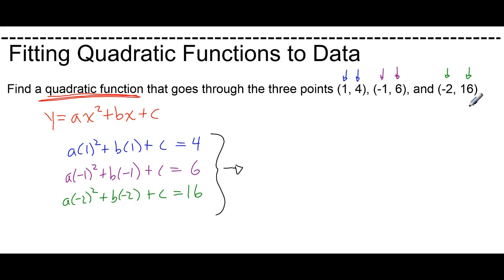So the number of the degree you've got, you always need 1 more than that in the number of points. So a 2nd degree polynomial requires 3 points. A 3rd degree polynomial would require 4 points. A 5th degree would require 6 points. A 20 degree polynomial would require 21 points. But it will always lead to a system of equations. And then you solve the system of equations.